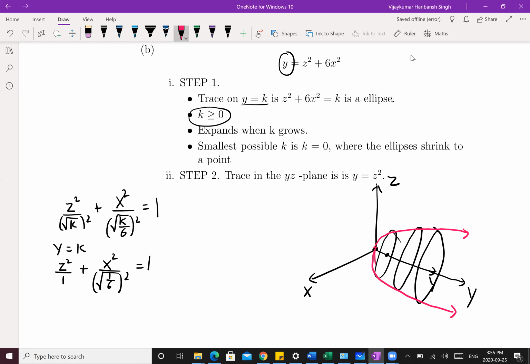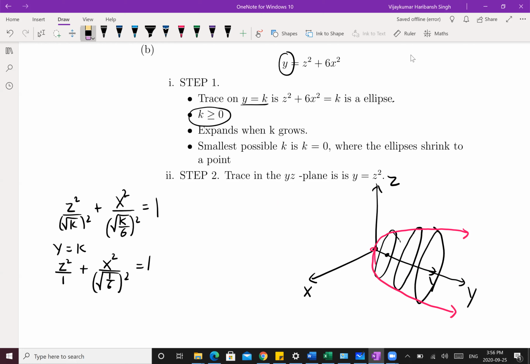Similarly, in the XZ plane, when y equals 0, you get a point. How about the other one? We have taken YZ, and then let's talk about the XY plane.